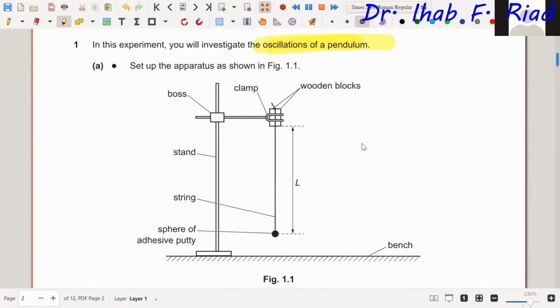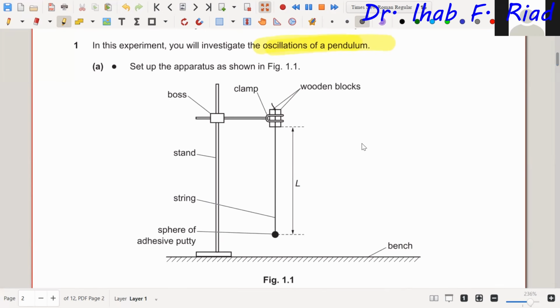So now he's telling us to set up the apparatus as shown. We got a stand, a clamp, and a piece of string with a putty or a kind of weight. This is our pendulum.